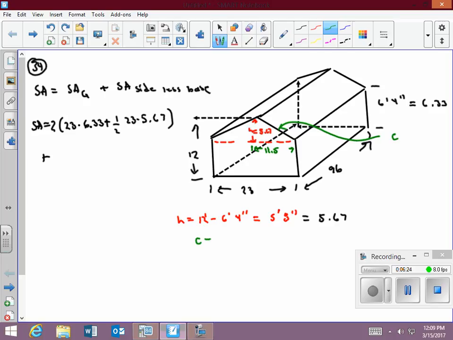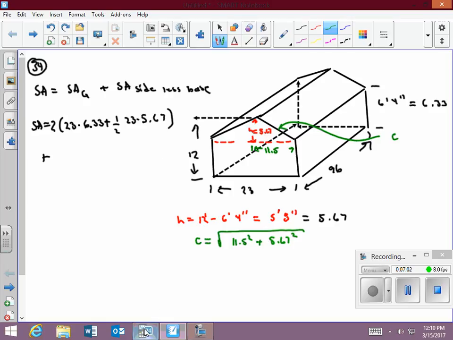So C is going to be equal to the square root of 11.5 quantity squared plus 5.67 squared, right? And maybe we should go ahead and calculate that so that we can get a number.